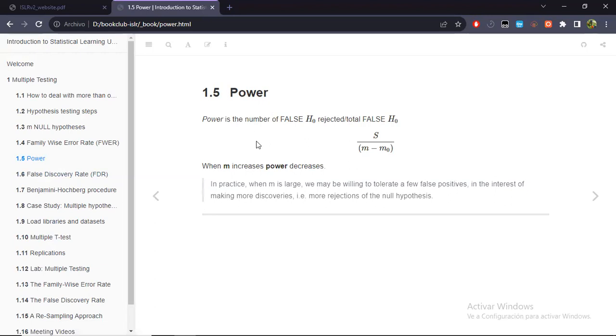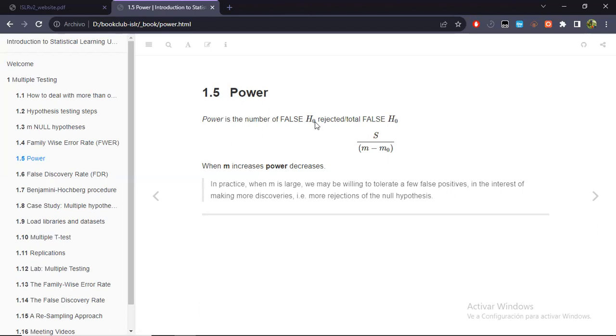Okay. So we already covered some basic ways for us to control the number of type 1 errors that we would get in multiple testing. Perhaps to have a little bit more clear this picture, we define the power as the number of false null hypotheses rejected.